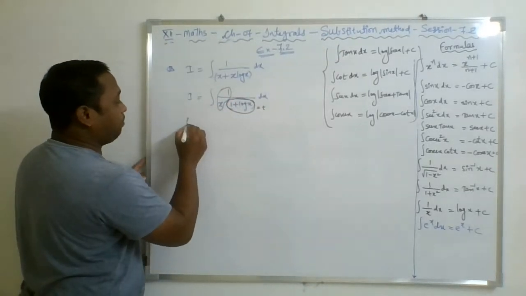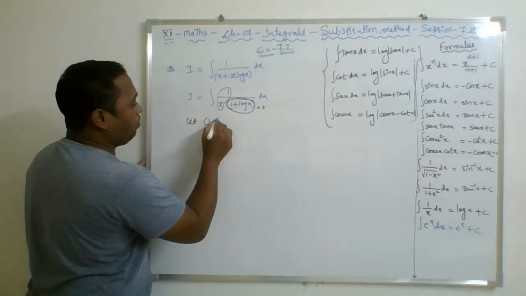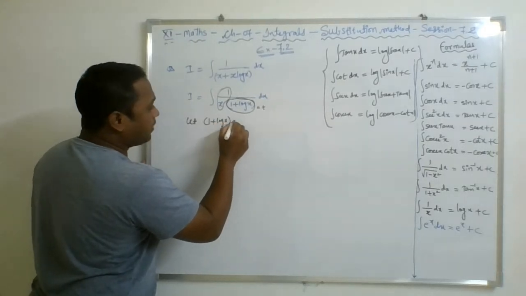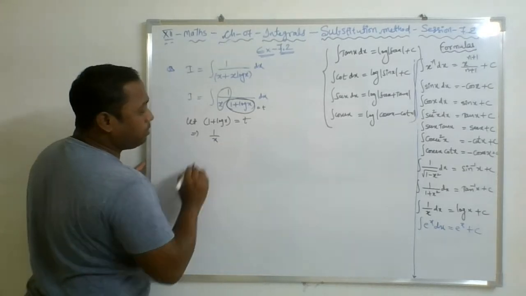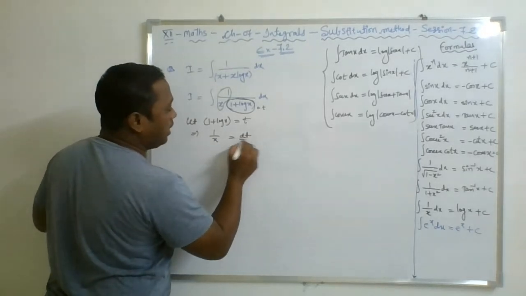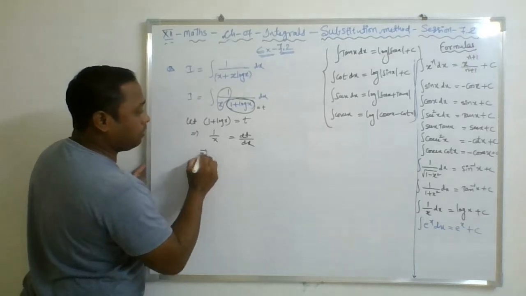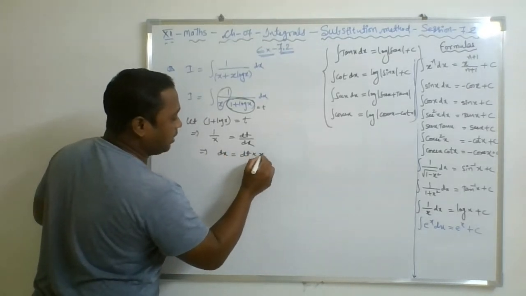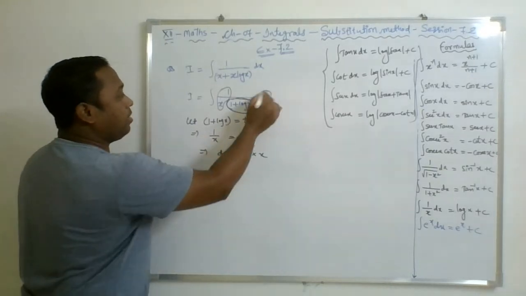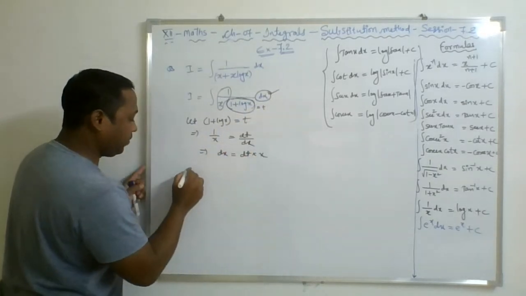Let's take this then. So let 1 plus log x be equal to t. So ultimately the derivative 1 by x is equal to dt by dx. By doing cross multiplication, dx will be dt into x. And then replace this dx.